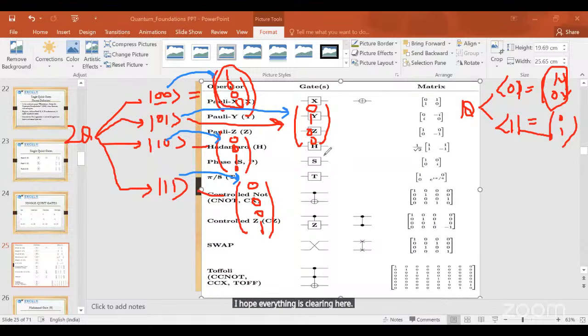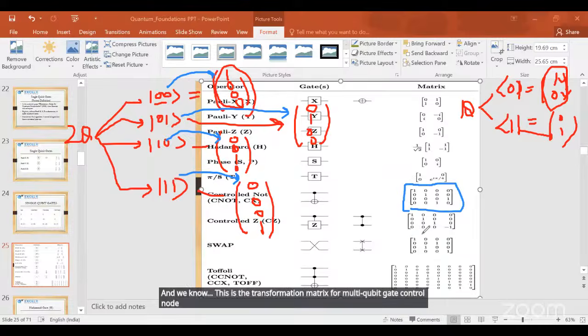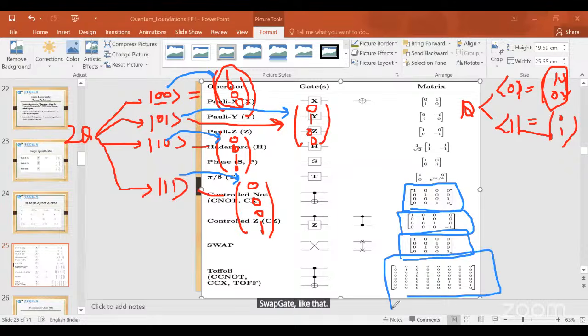So these are the input matrices, and we know this is the transformation matrix for the multi-qubit gate, control NOT or control Z, swap gate, Pauli gate like that.